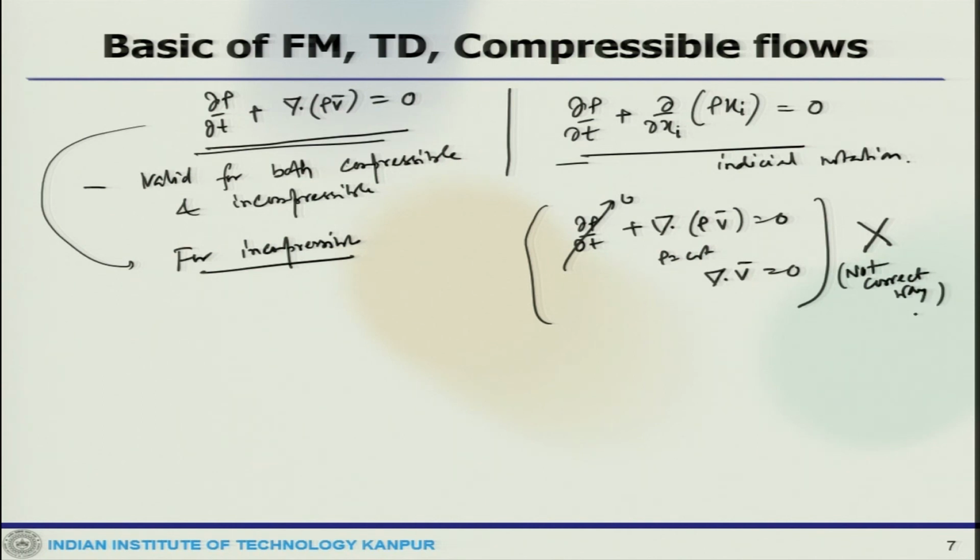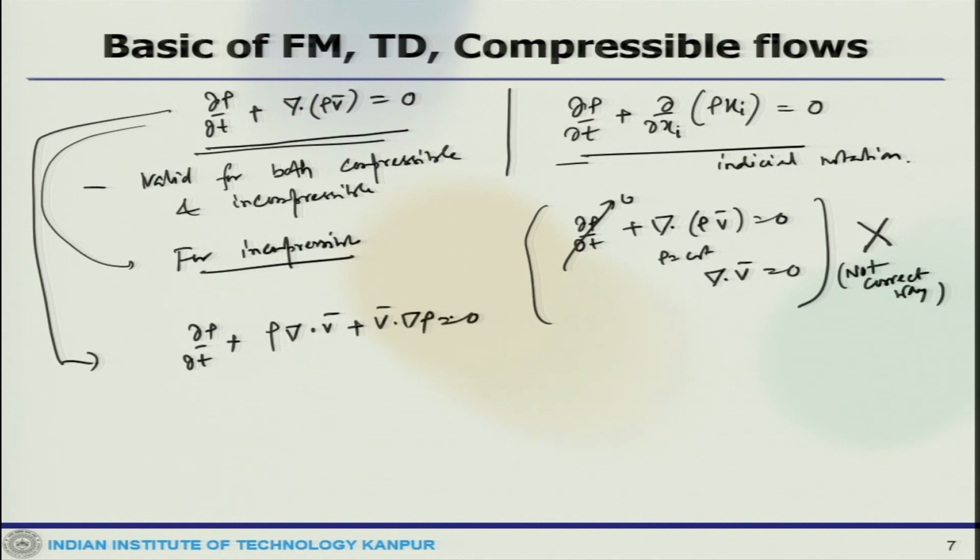Rather, one has to expand the second term for the incompressible limit, which will get you del rho dot V plus rho del dot V. Now, this term and this term collectively give d rho by dt, the total derivative or material derivative.